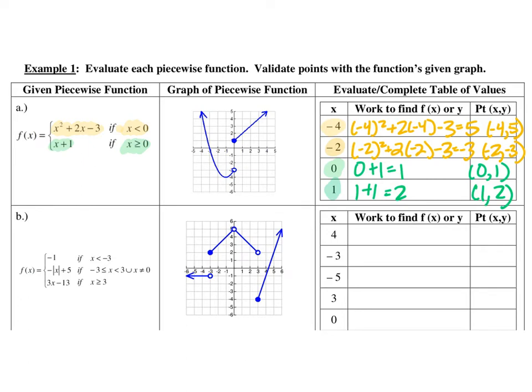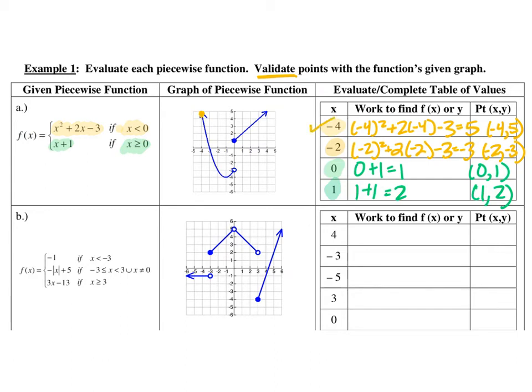So now let's go over to our graph, and let's validate the points by making sure that they do indeed lie on the blue parts of the graph. So -4, 5, if we go to the left 4 and up 5, we can see that it falls right here on the graph.